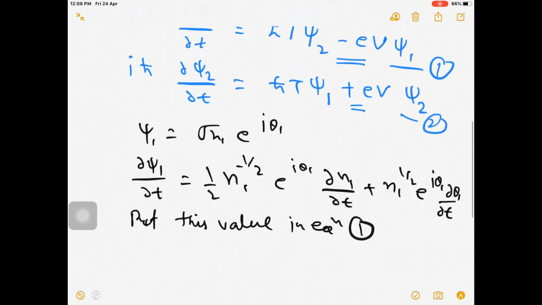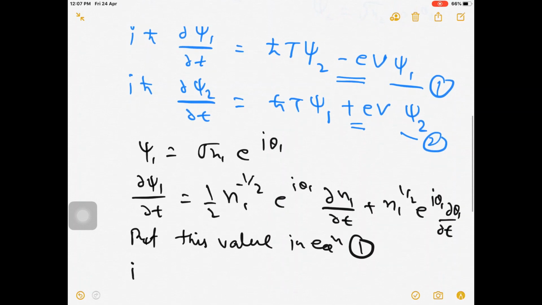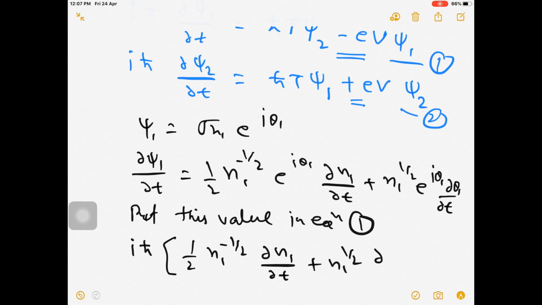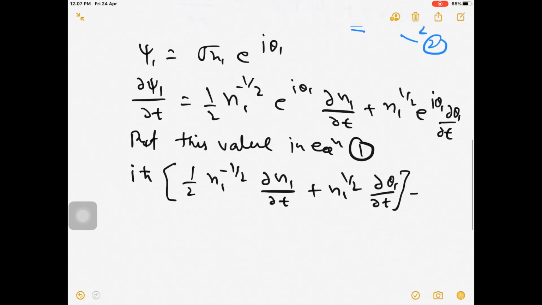So what I got: iota h cut times 1 by 2 n1 power minus half del n1 del t plus iota n1 power half del theta 1 del t, and I take common exponential iota theta 1, and the right hand side will be nothing but h cut T psi 2 minus eV psi 1.